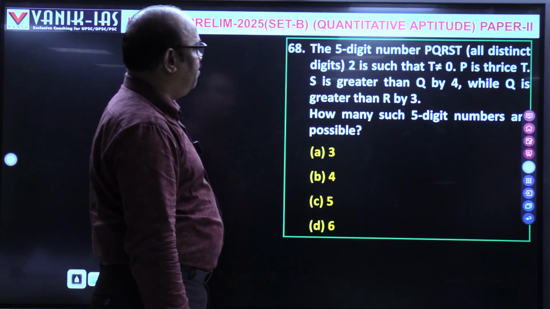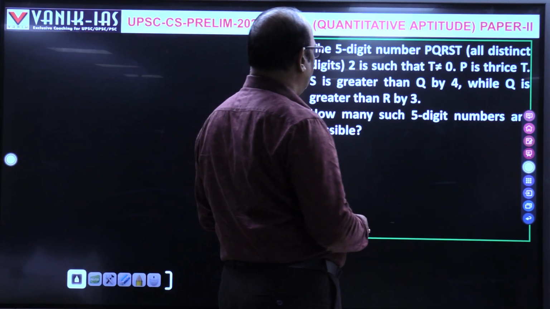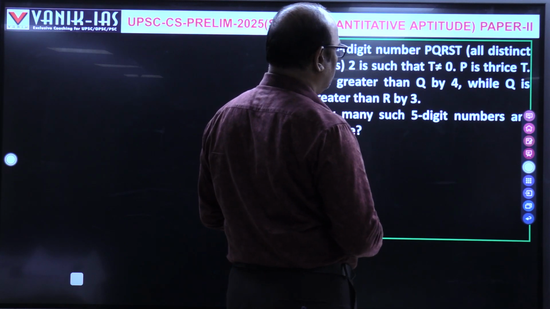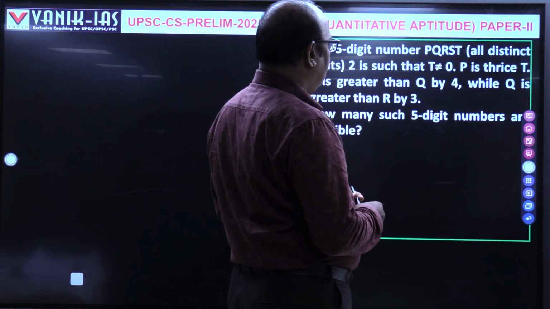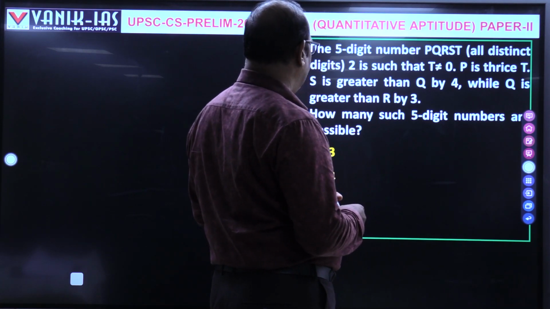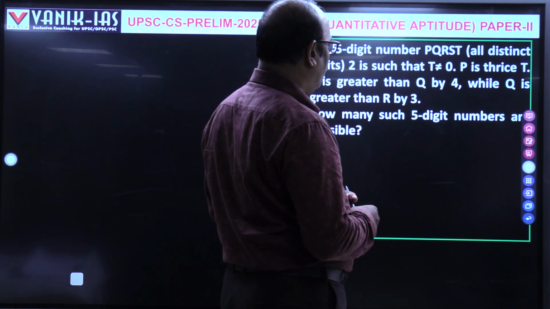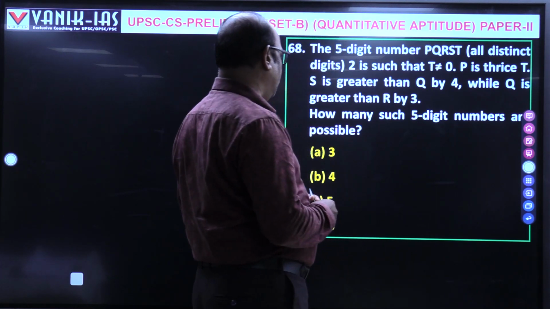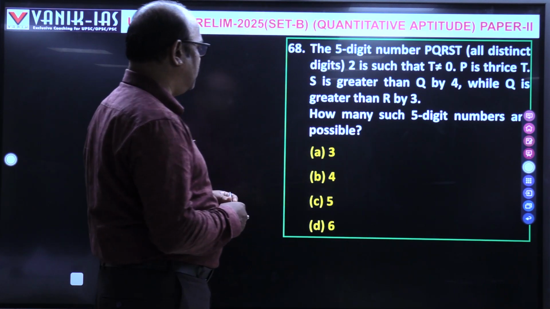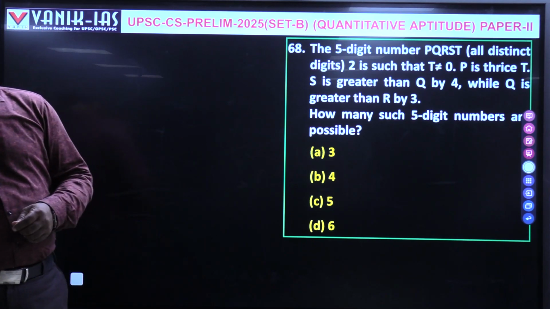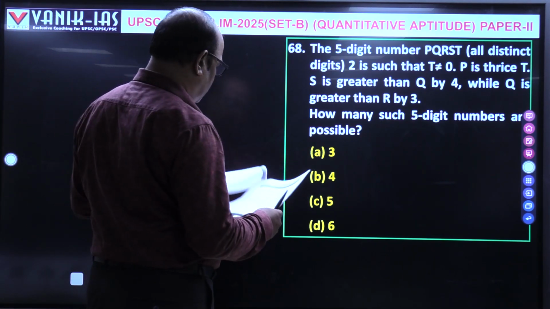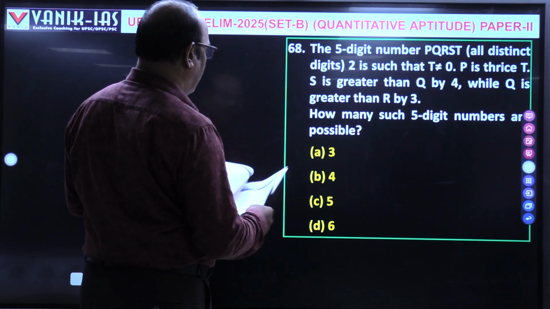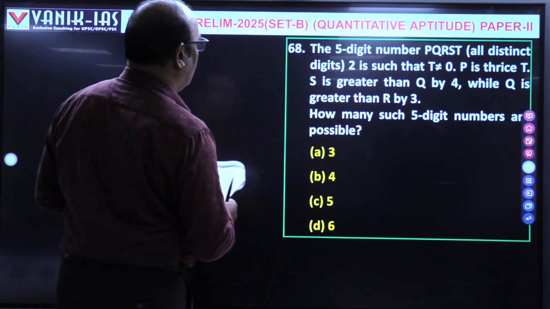The 5-digit number PQRST has all distinct digits, such that T is not equal to 0, P is thrice T, S is greater than Q by 4, while Q is greater than R by 3. How many such 5-digit numbers are possible? Again, a derivative question this is. So a 5-digit number PQRST is given.